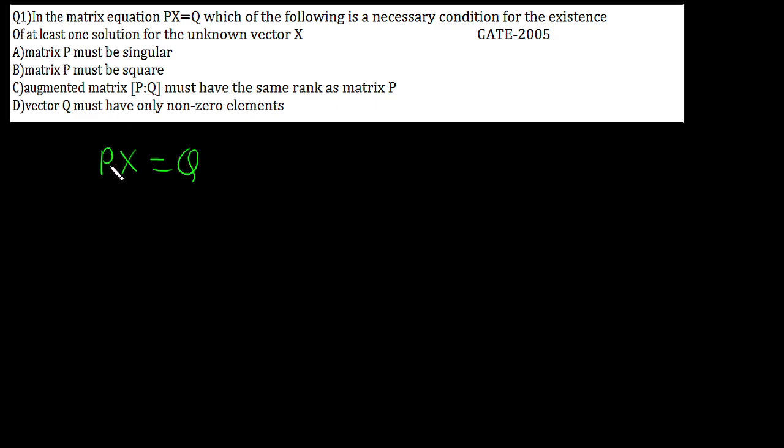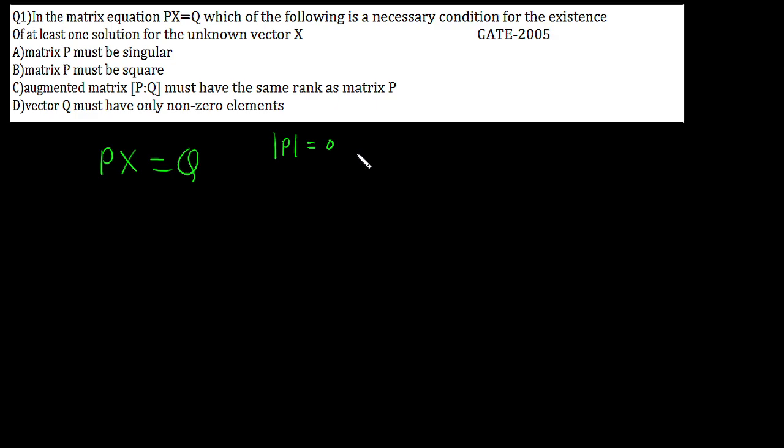For the existence of a solution, let's go through the four options. Option A says matrix P must be singular. If P is singular, that means the determinant of this coefficient matrix P is 0, and we call it a singular matrix. Option A says that if P is singular, then at least one solution exists.